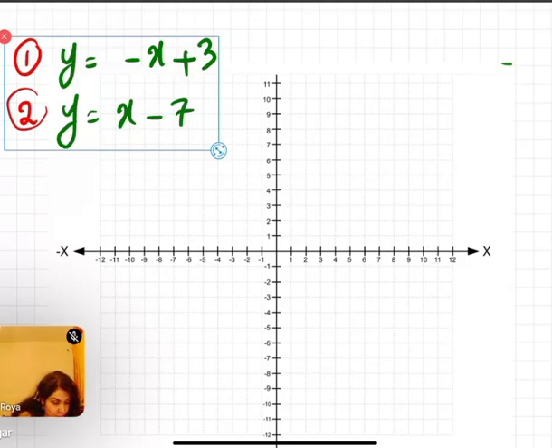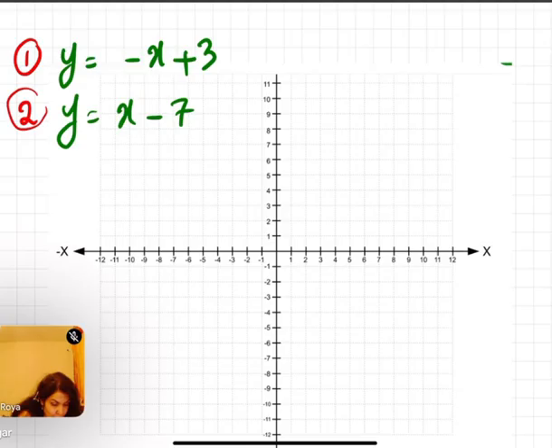First equation. You know that the y-intercept is 3. This is on the y-axis: 1, 2, 3. This point. And the slope is negative 1.